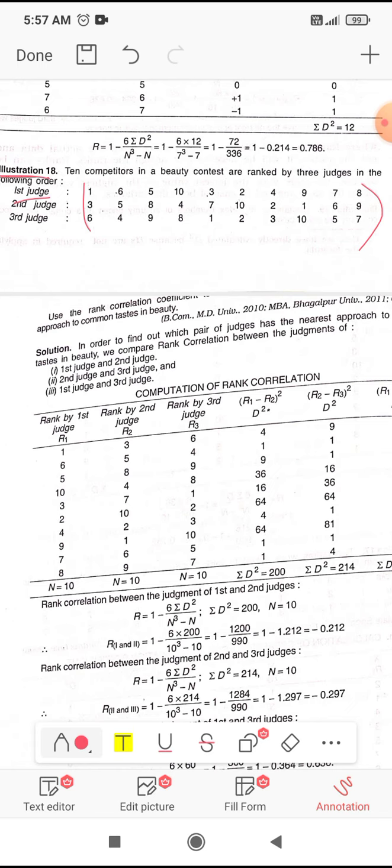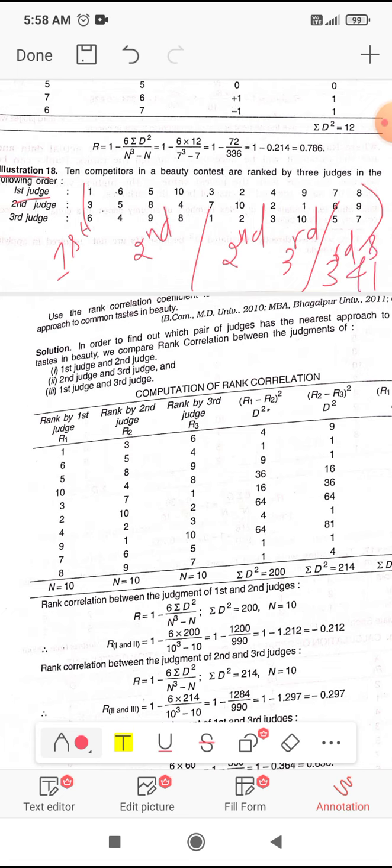For that we are going to solve this problem by the rank correlation coefficient method. First we have to find the rank correlation between first and second, then between second and third, and then between third and first.